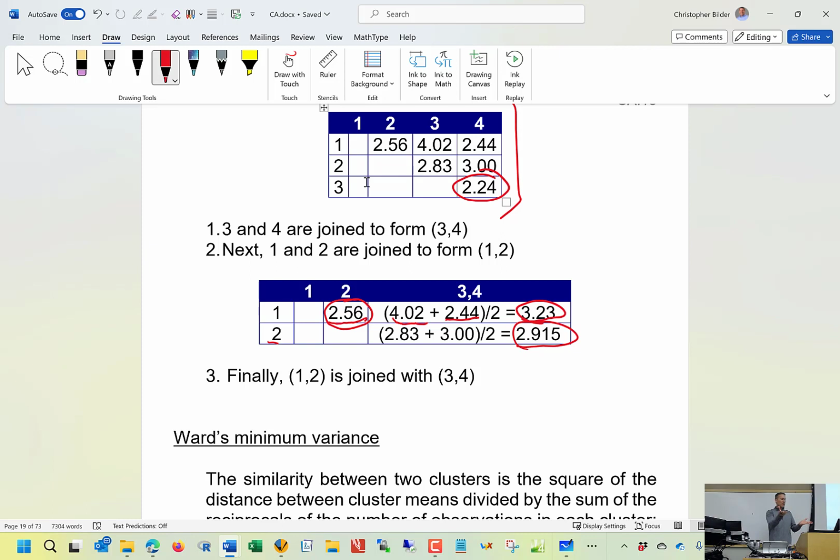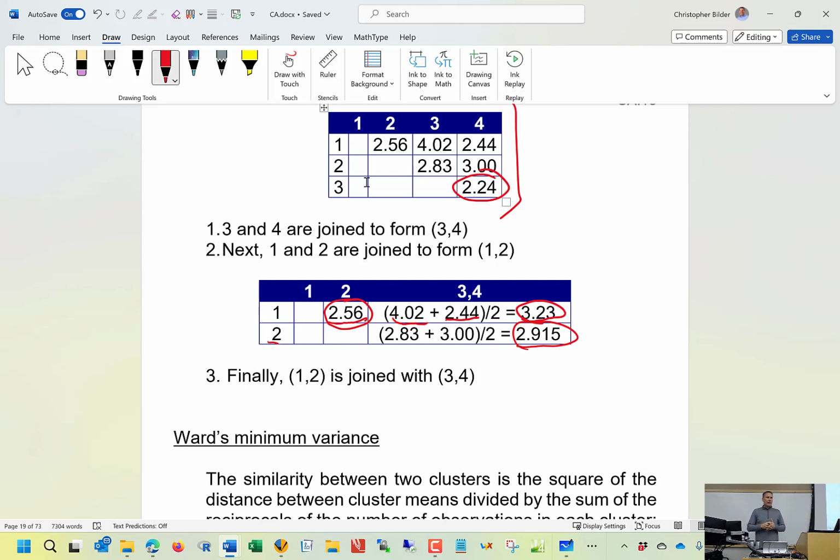And that makes sense, especially for the nearest neighbor method, because as you're joining clusters, the observations are going to be farther and farther apart as you continue to reduce the number of clusters.